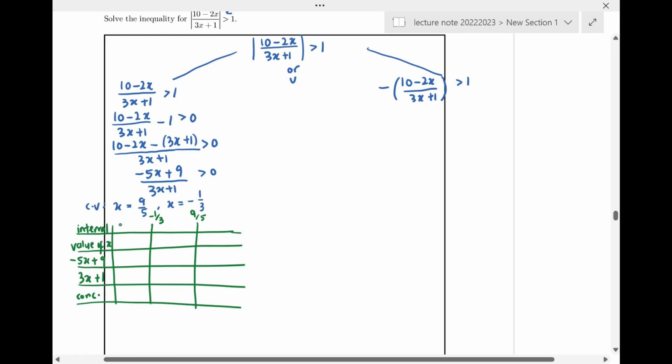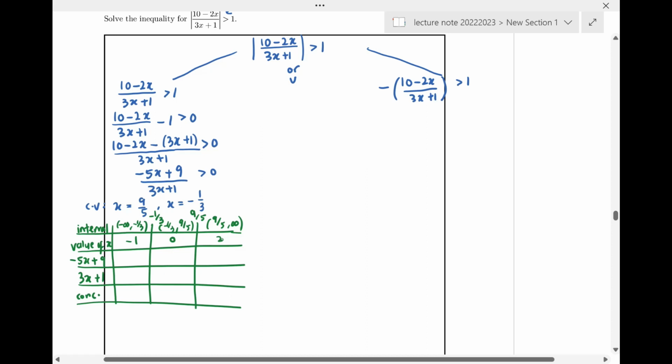I put here from negative infinity up till negative 1 over 3. This one is between negative 1 over 3 up till 9 over 5. And then 9 over 5 up till infinity. For the values of x you can choose, I'll choose negative 1 here, 0 in the middle, and the last one is 2.